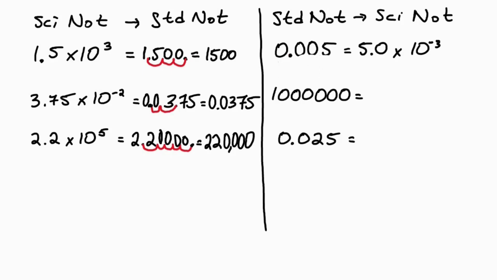All right, moving on. What about this one right here? Between which two digits do we want to put our decimal place? Hopefully you're saying we put it right there. It's originally right here, so when we put it right here, our number is going to be 1.0 times 10 to the, how many times did we have to move the decimal place? Originally it's right here, and we had to move it 1, 2, 3, 4, 5, 6 times. Now, once again, this is our original number.